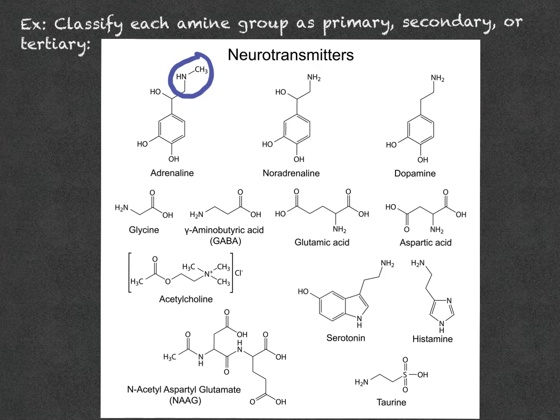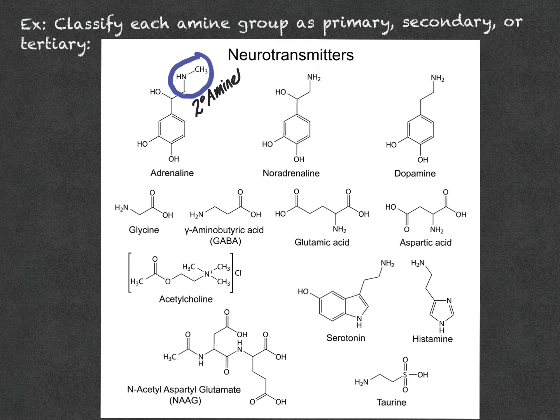The nitrogen atom, in the case of this molecule, is directly connected to 1, 2 carbon atoms, and therefore we would describe this molecule as being a secondary amine. So I'm going to put second degree amine there to recognize this molecule.